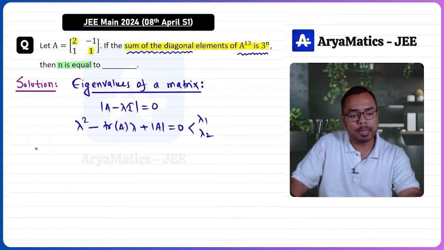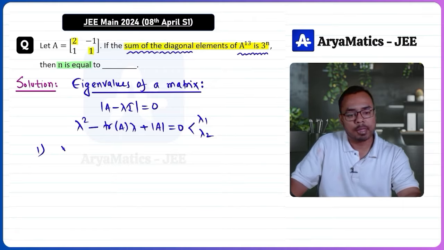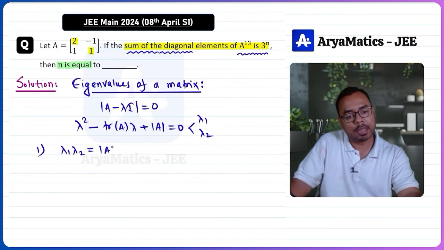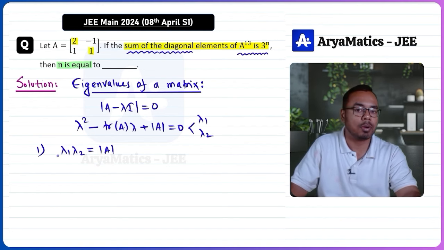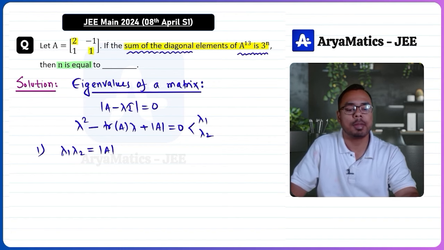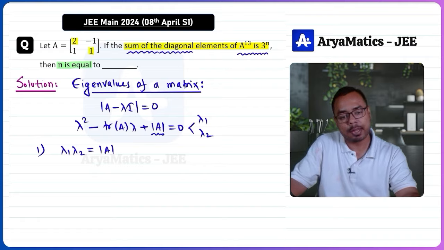Now, there are a few properties of eigenvalues that you should know. The very first property is that if you multiply the eigenvalues of a matrix, you will get the determinant of the matrix. Product of eigenvalues is always determinant of A, which is obvious from here also.